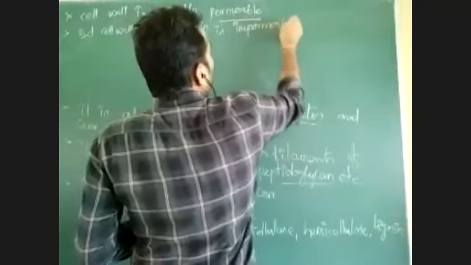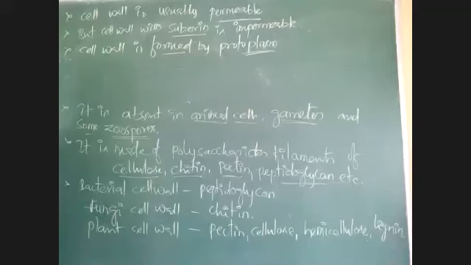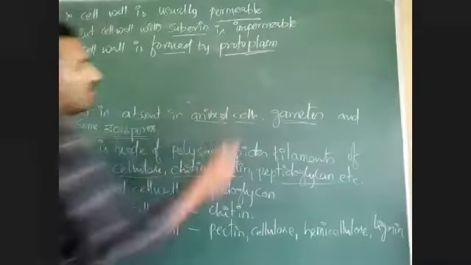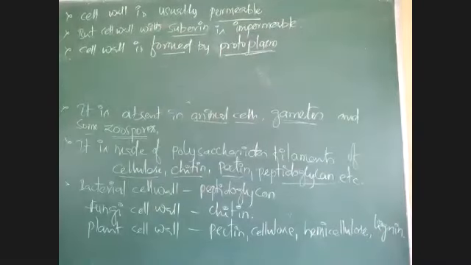The cell wall is derived or secreted from protoplasm. During cell division, this cell wall will form. In the cell division chapter we will see how the cell wall is made. Anyway, protoplasm is responsible for the formation of the cell wall.